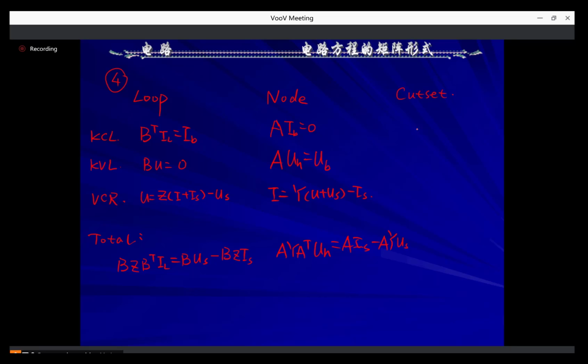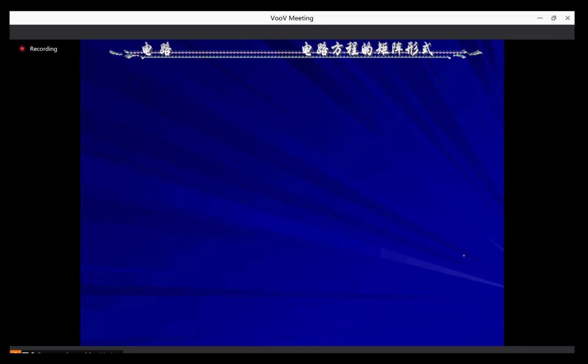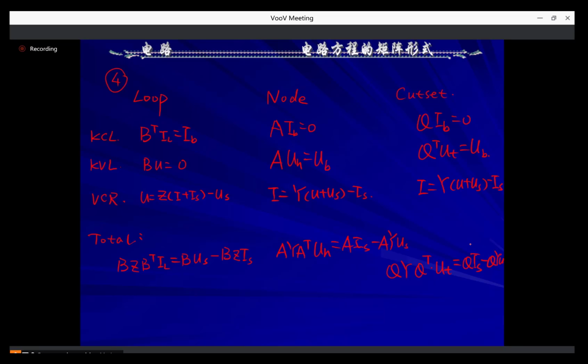For the cut set method, the KCL is Q IB equal to 0. KVL is Q transpose UT equal to UB. And the VCR is I equal to Y U plus US minus IS. Total function is Q Y Q transpose UT equal to Q IS minus Q Y US.